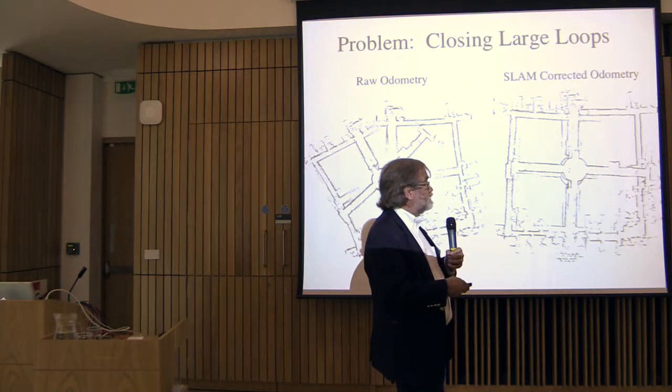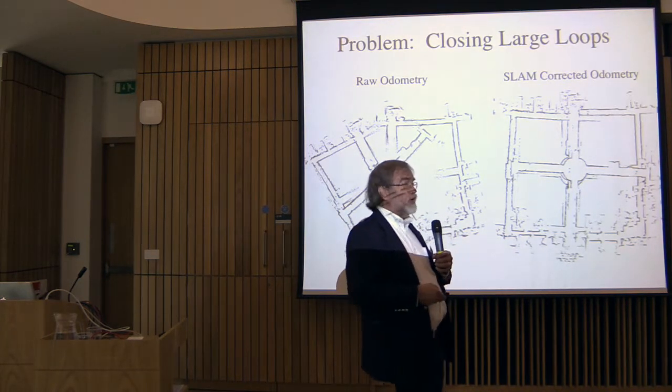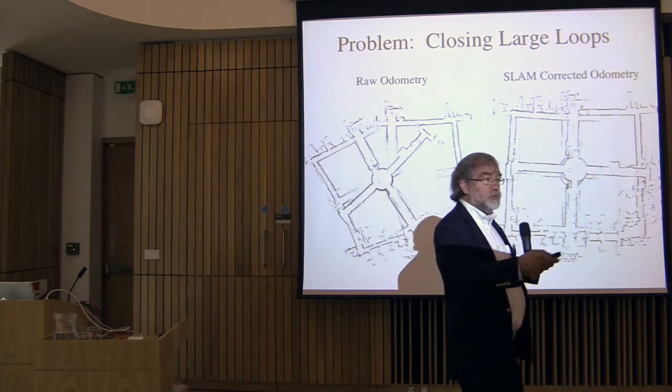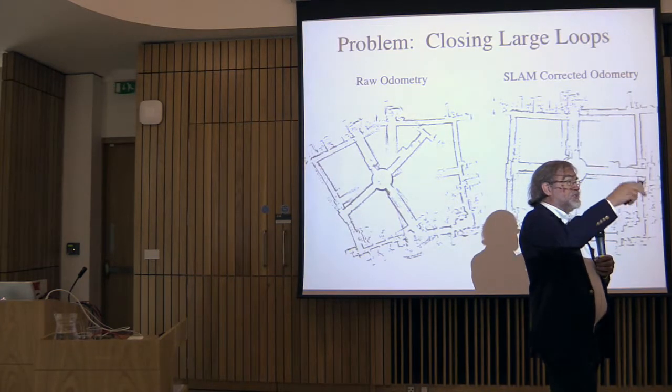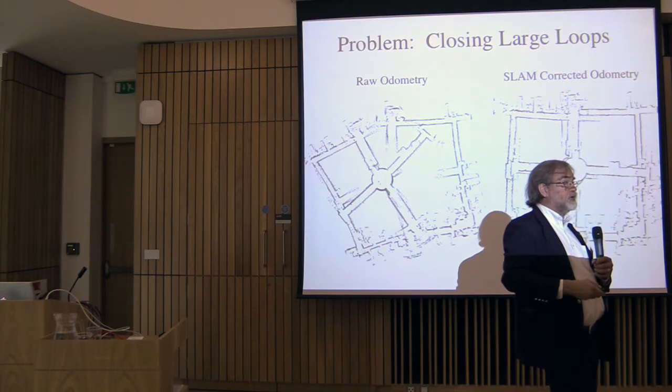Shortly after that, people started to be able to use local SLAM to correct the odometry, and you would get much better maps. But as you can see, they still don't match perfectly. Methods were developed to match things better, detecting landmarks and building graphs of these landmarks with constraints.